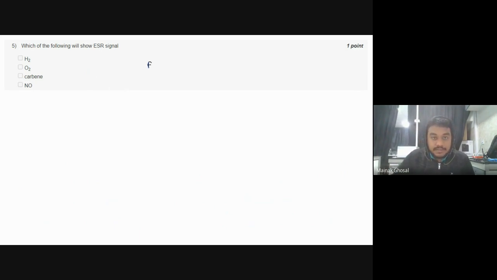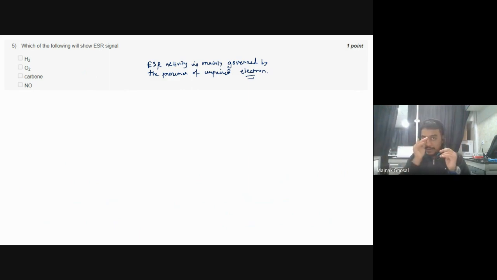So ESR activity is mainly governed by the presence of unpaired electron. Okay, so if there is an unpaired electron, then it will always show an ESR signal.